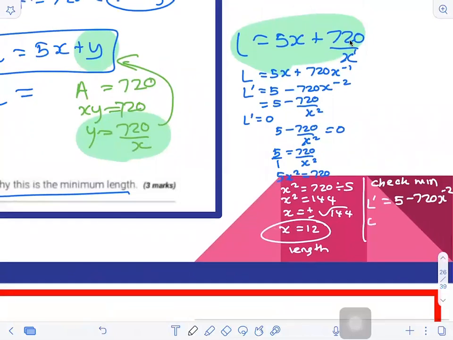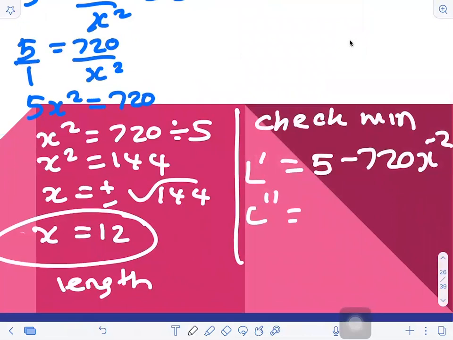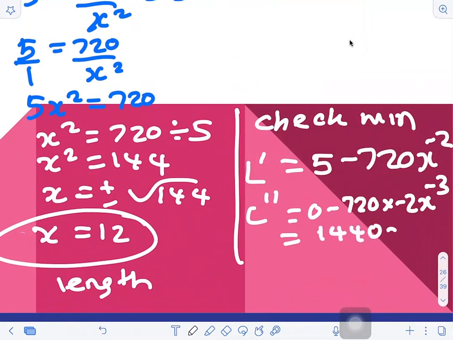So to get L double dash, the 5 will go to 0. 720 times minus 2x to the minus 3. So 2 lots of 720 is 1440 x to the minus 3. So you get 1440 on x to the 3.